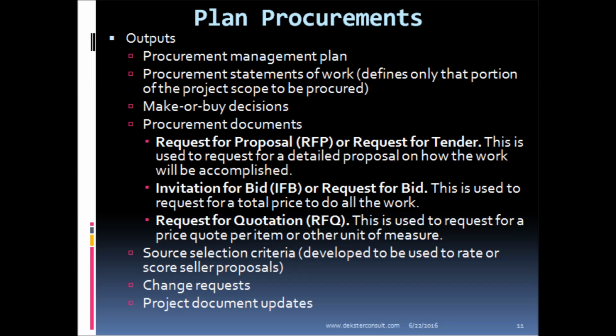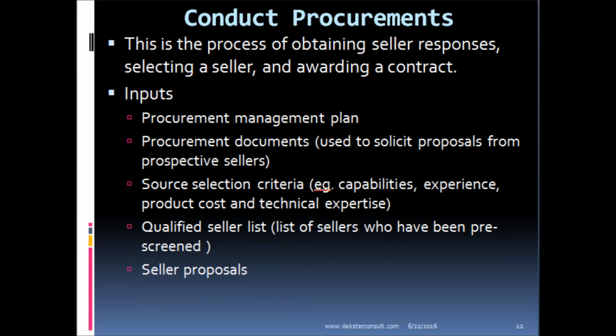We will come up with our make or buy decisions, and then it's important to prepare procurement documents, which will include a request for proposal, invitation for bids, request for quotation, etc. Then we must identify how we are going to select our source. Procurement planning could generate change requests, and this will further trigger updates to our existing project documents to reflect the new changes.